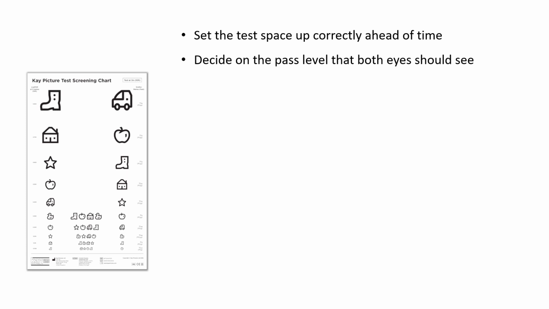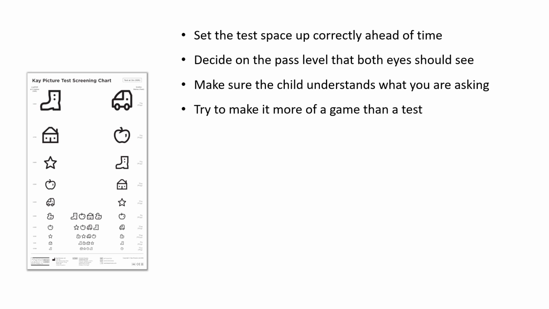And lastly, here's a few tips. Remember, the chart is double-sided, so use both sides. Set the test space up correctly, particularly the test distance. Decide on a pass level that's suitable for what you're trying to achieve. And make the test more of a game if you can. Engage with them throughout the testing.